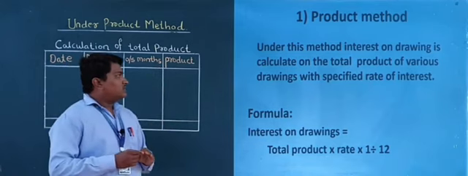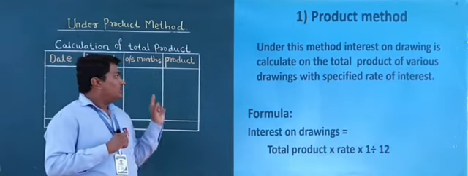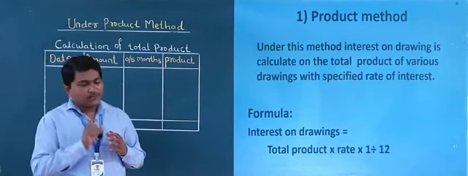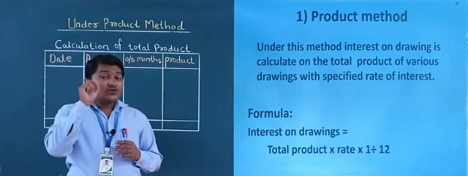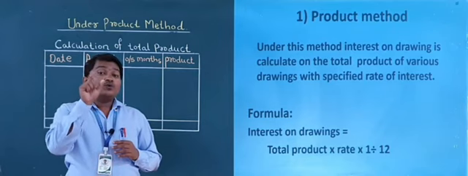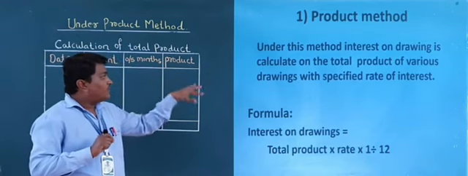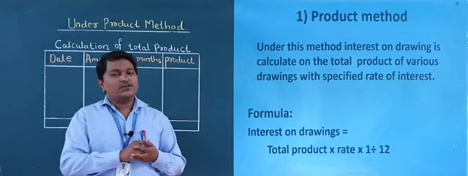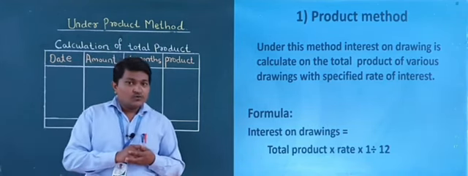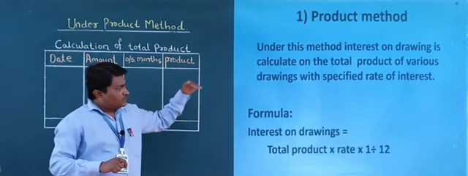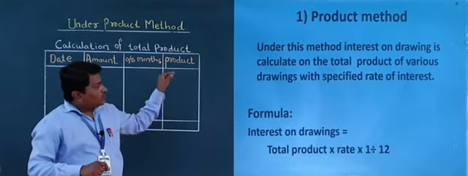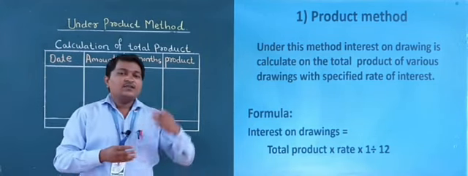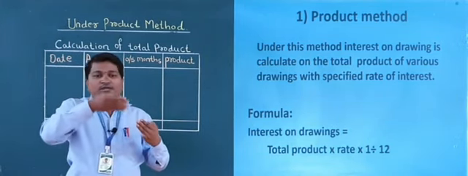Under this method, interest on drawing is calculated on the total product of various drawings with a specified rate of interest. Means in a year a partner may withdraw 3 or 4 times.